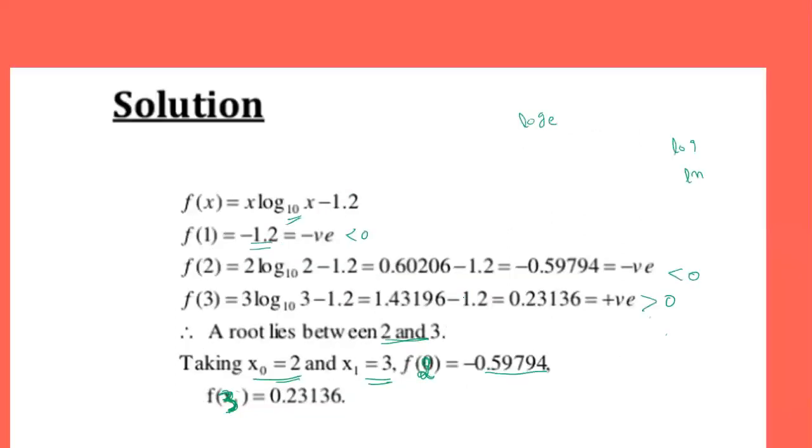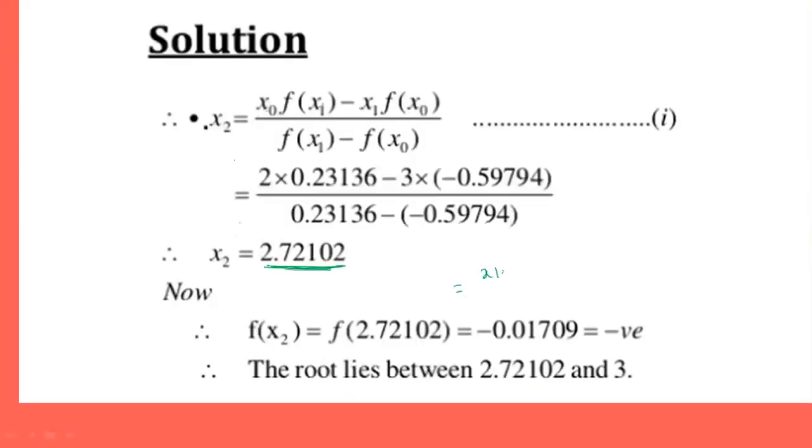So f of x2, that is f of 2.72102. What is your f of x? x log x minus 1.2, so 2.72102 log base 10 of 2.72102 minus 1.2. If you find this value, you will get minus 0.01709, which is less than 0. So this value replaces what?